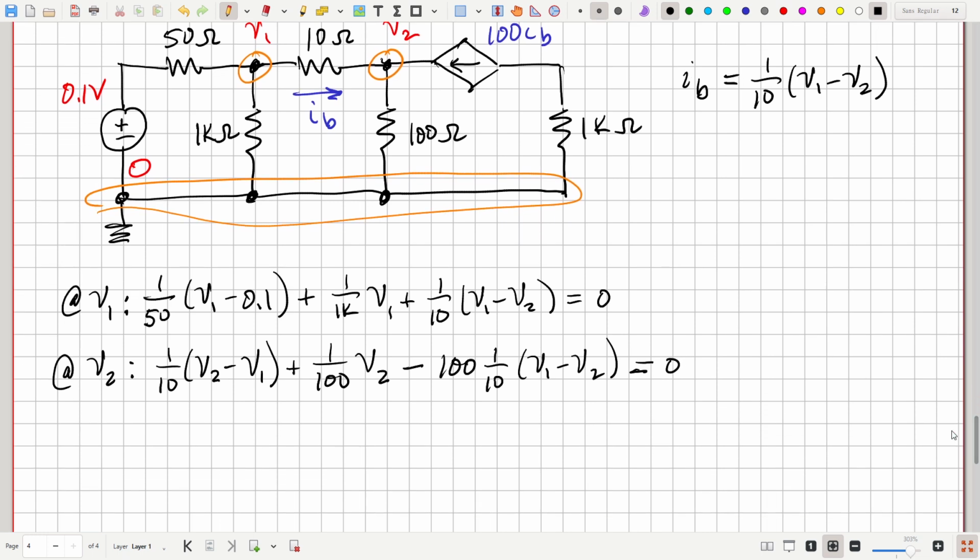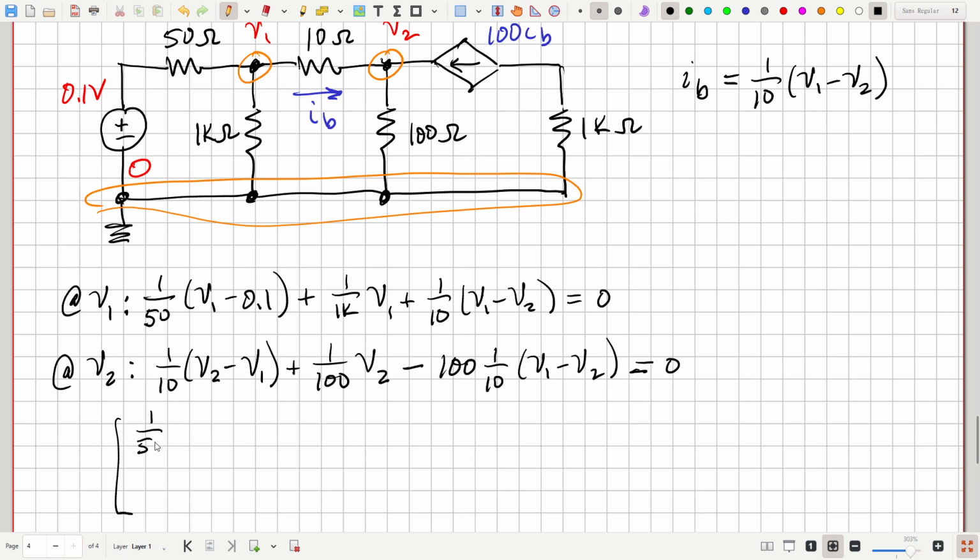All right, well, now we have two equations and two unknowns, V1 and V2. The IB was expressed in terms of the node voltages, and then this is just some multiple of that. And so if we want, we can now just put this into matrix form. Let's see all the things that multiply the V1 here. So this will be the G11, 1 over 50 plus 1 over 1K plus 1 over 10.